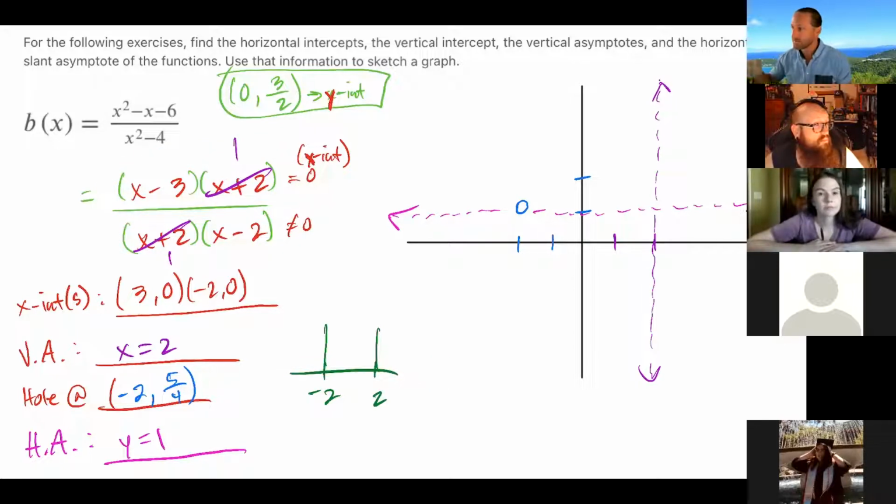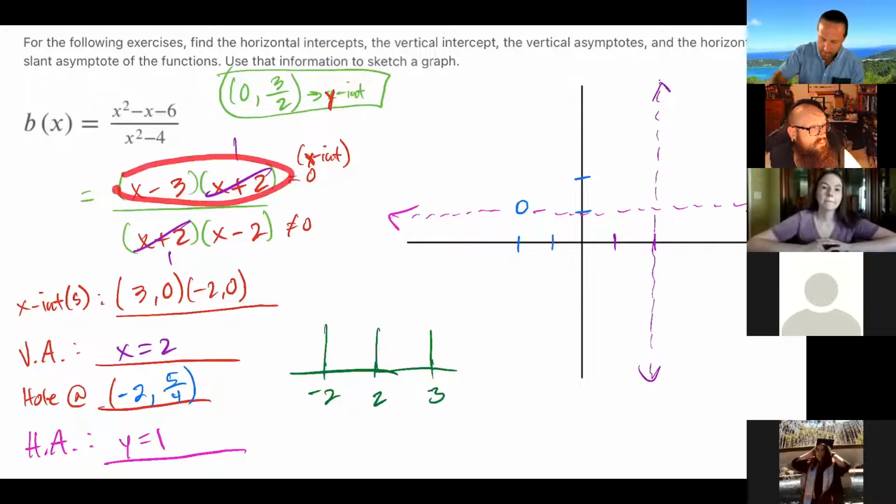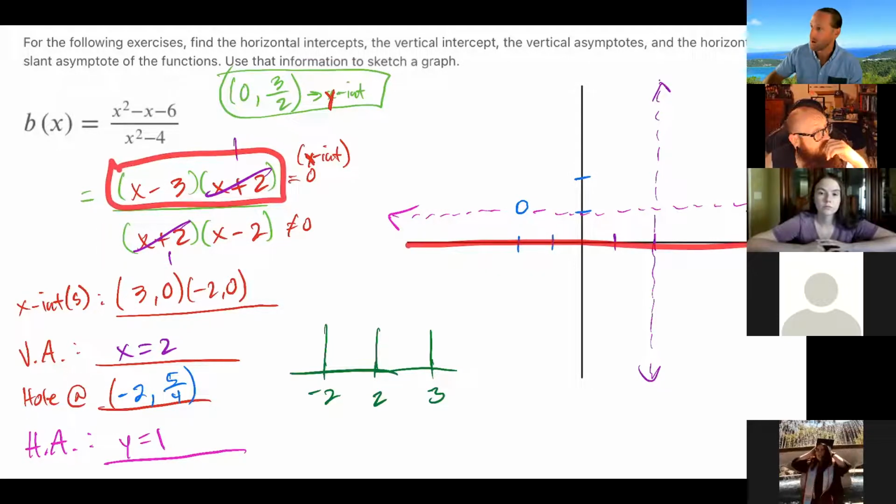Does that make sense? Let me use the same color here. These represent X-intercepts, not just where things don't work. We need to know where it crosses through as well.